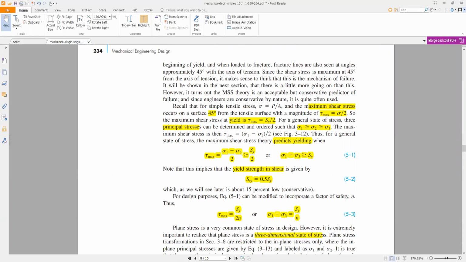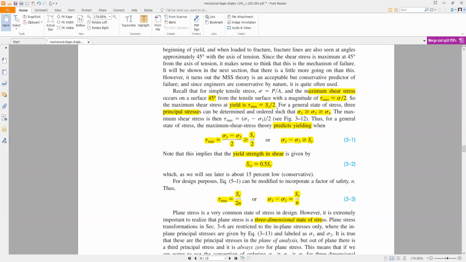Okay, so here are some of the conditions of the formula. The maximum shear stress happens at 45 degrees for the tension specimen. So the maximum shear is the stress divided by 2, and when the yield happens, the maximum shear is Sy over 2.